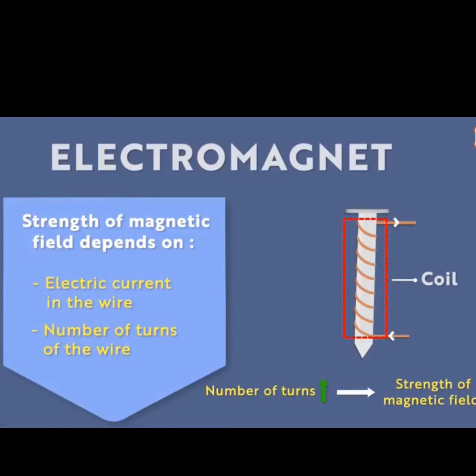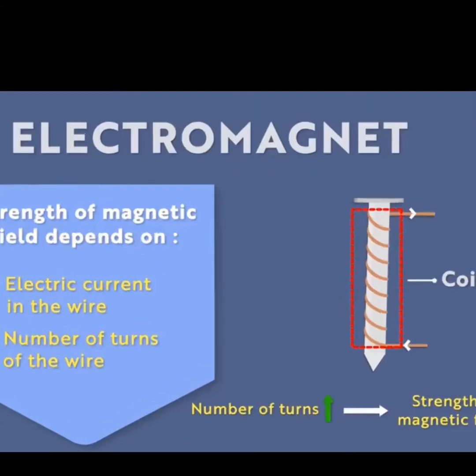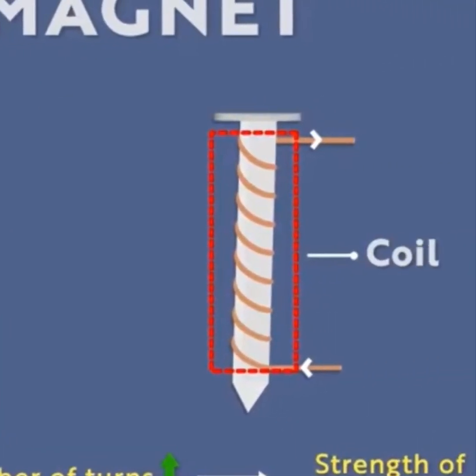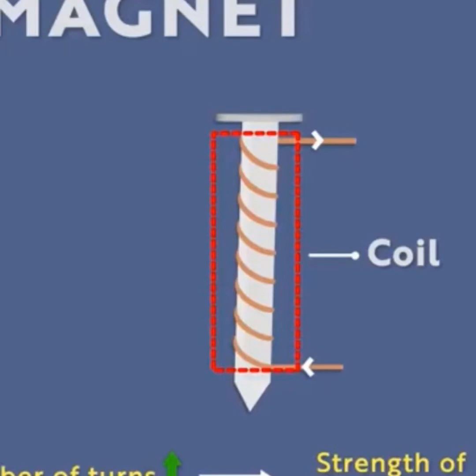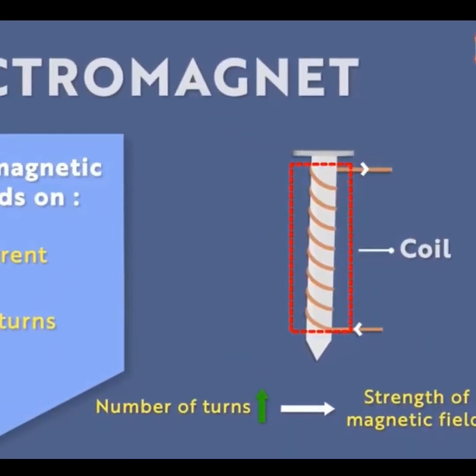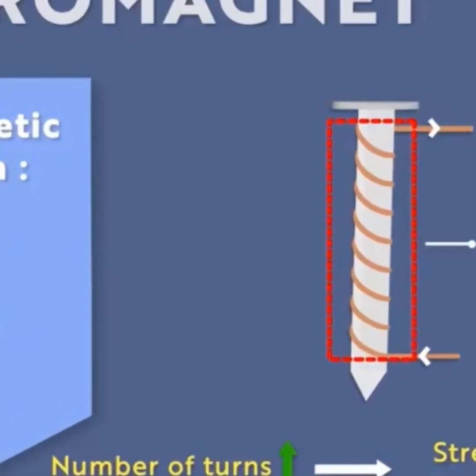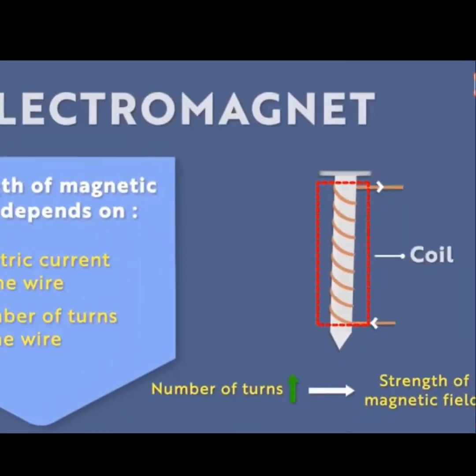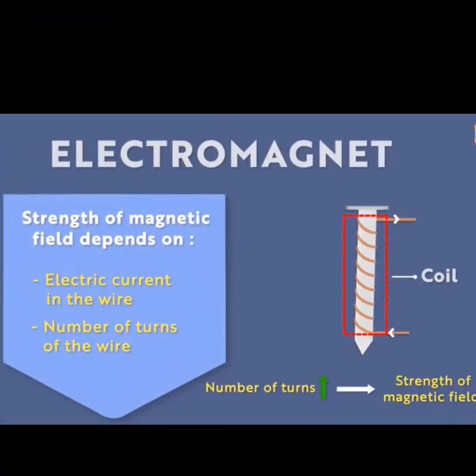This is called a coil. The wound wire here is called a coil, as you can see. When we increase the number of turns, the strength of the magnetic field also increases.